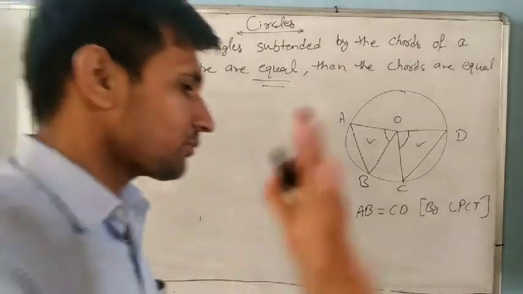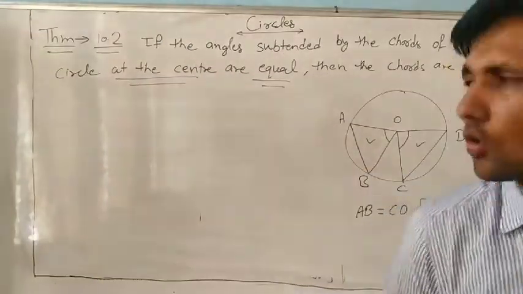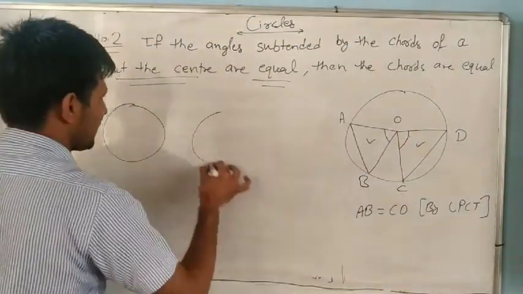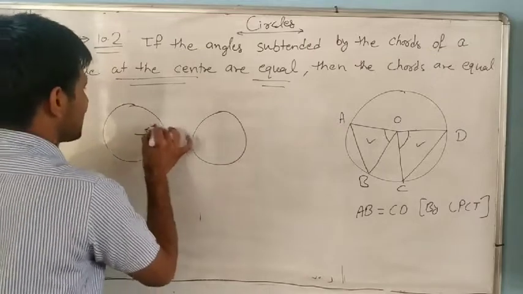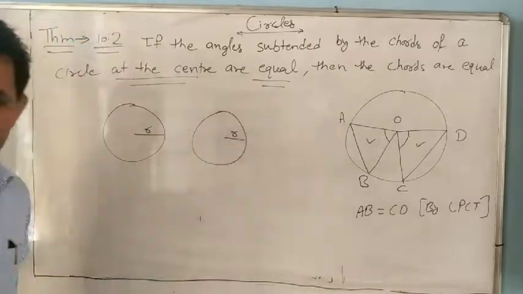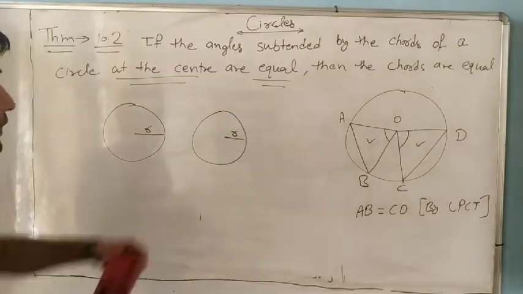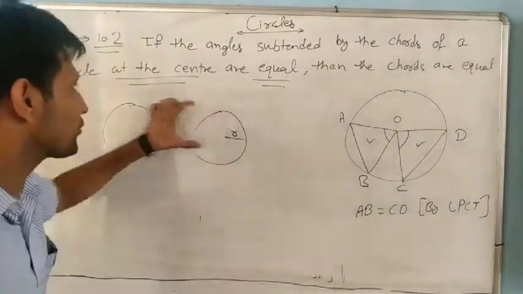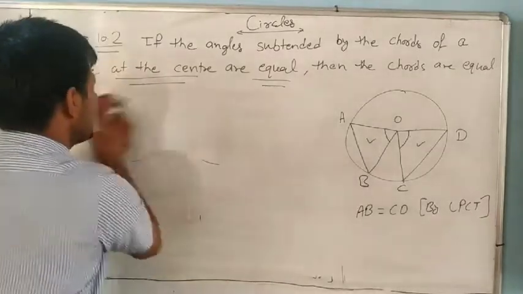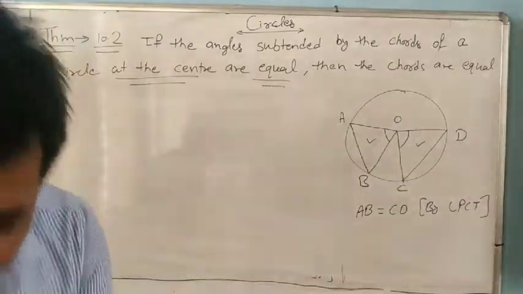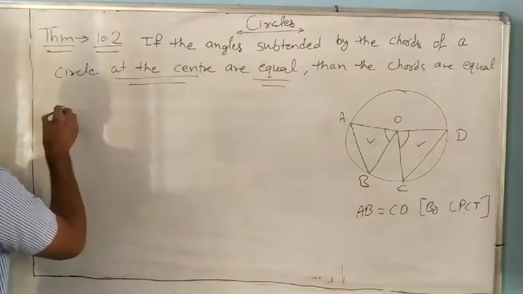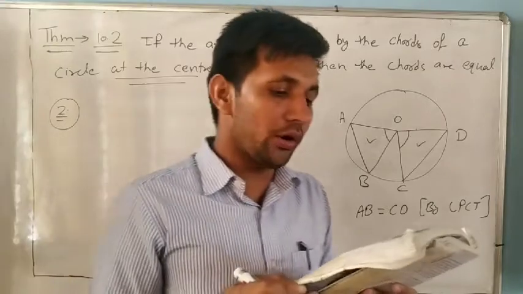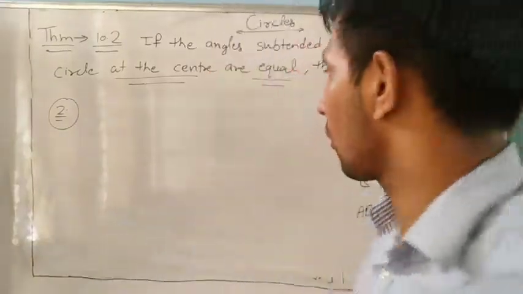First tell me, what are congruent circles? Congruent triangles mean two triangles whose shape and size are the same. Congruent circles mean both circles have the same radius. So we will write, question number 2, what is given? Prove that if chords of congruent circles, chords.